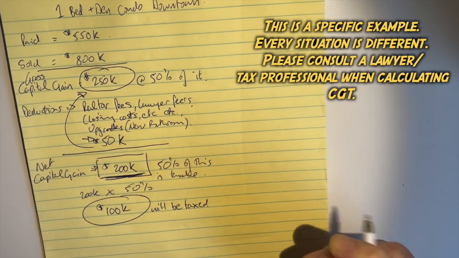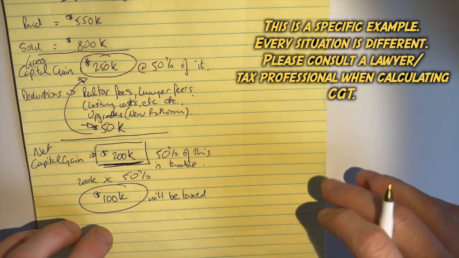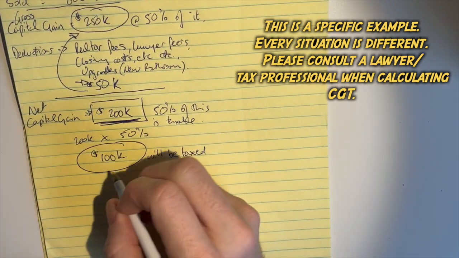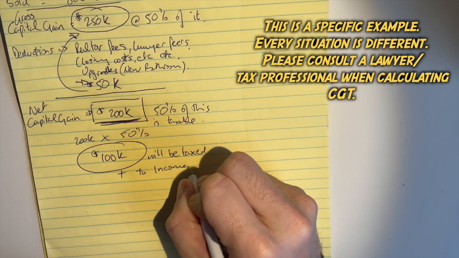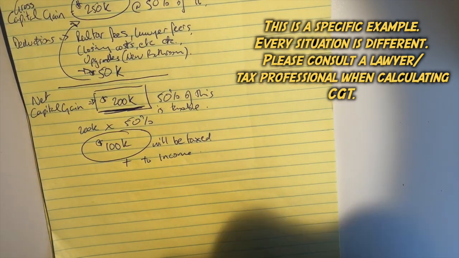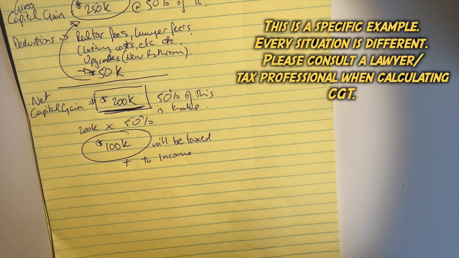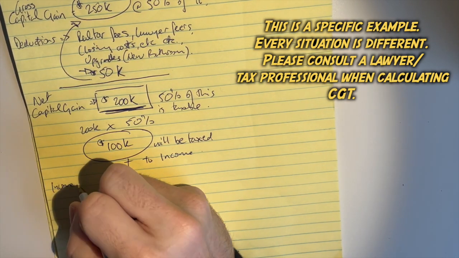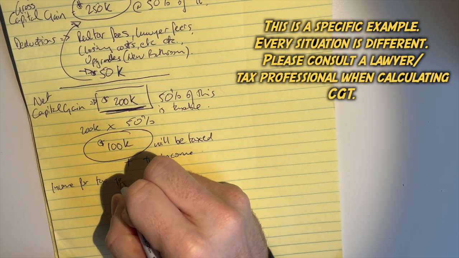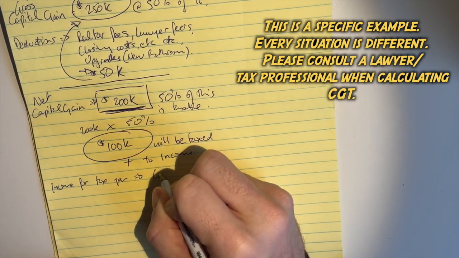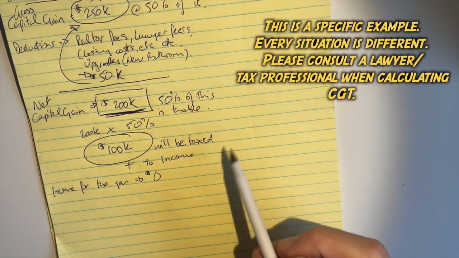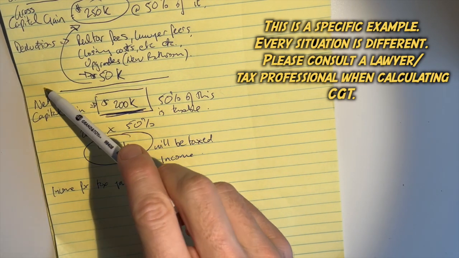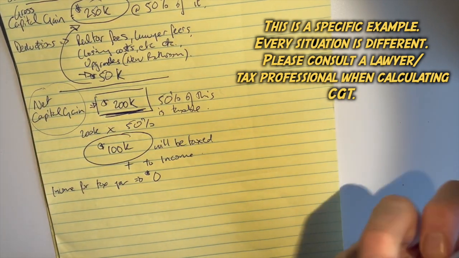You have to pay tax on that just as if it was your income. So that gets added to income. Now, for this particular client that I'm talking about, his income was actually zero for that year. Multiple reasons for that, but income for the tax year is $0. Whatever your net capital gain is, you're going to add this to your income.